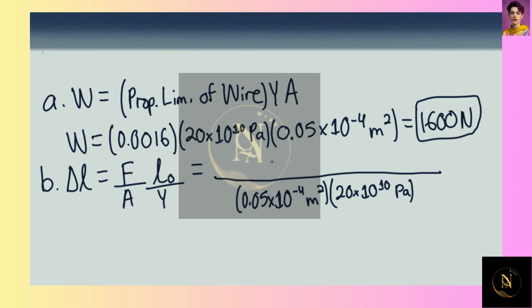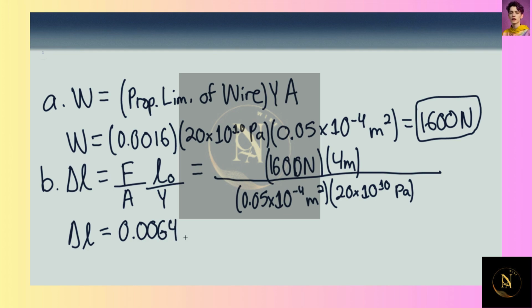And then for the force, again, 1600 newtons, it would simply be the weight, and then times the original length of 4 meters. And we find that the elongation is going to be equal to 0.0064 meters. So this would be your answer for part B.